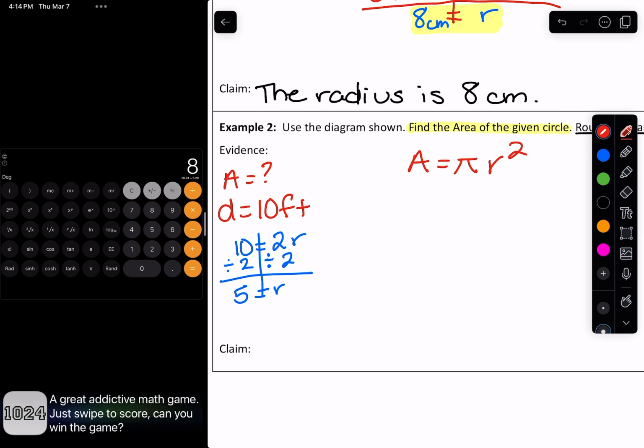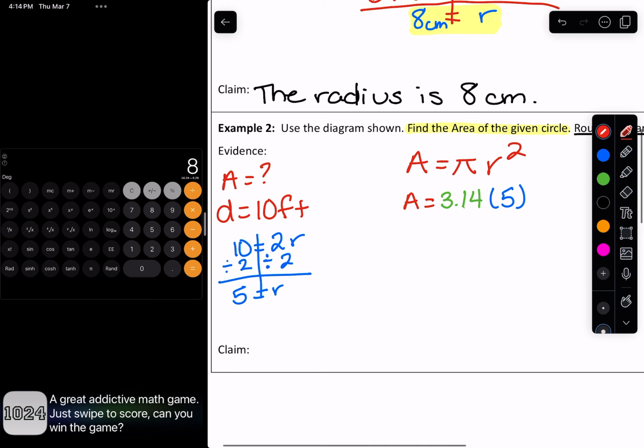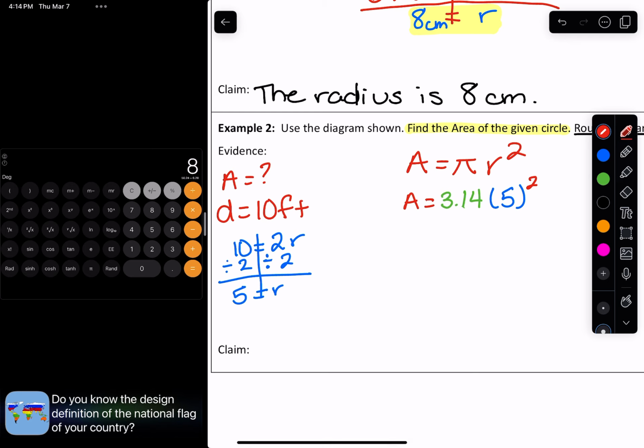This I can now use for my formula. So instead of writing A equals pi times r squared, I can now write A equals 3.14 times 5 squared. Okay. Now I'm going to keep rewriting it so that I don't have anything that I don't know.